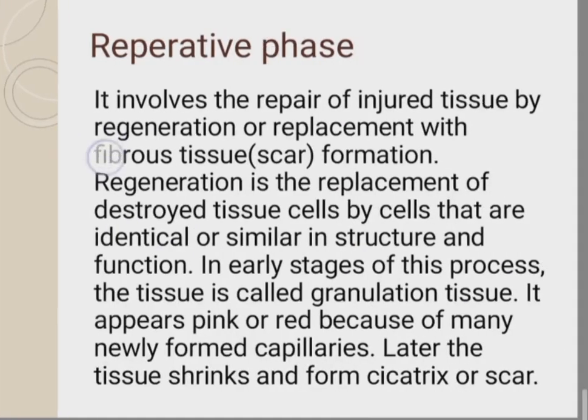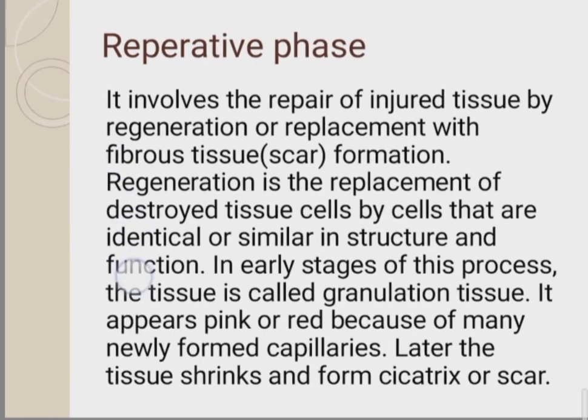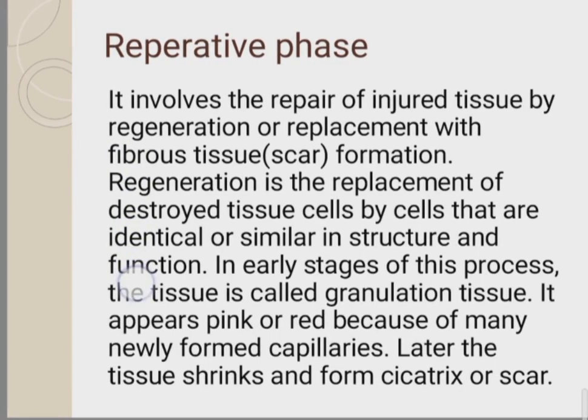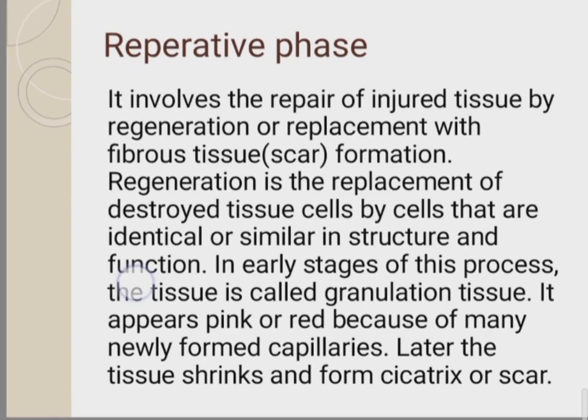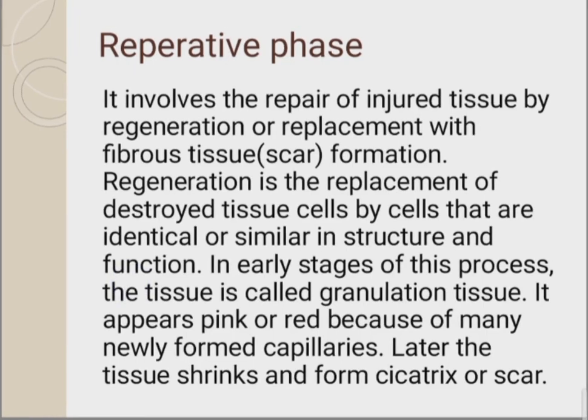Reparative phase. It involves the repair of injured tissue by regeneration or replacement with fibrous tissue formation. There are two ways in which the reparative phase can occur: by regeneration, or replacement with fibrous tissue, like a scar.